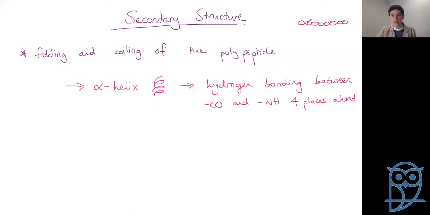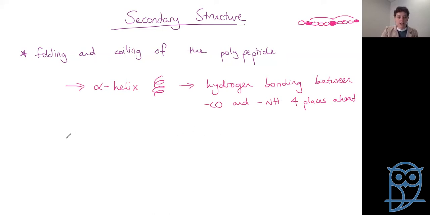And what we're saying is this amino acid here is going to form a hydrogen bond with 1, 2, 3, 4, this one here. And then we're going to get 1, 2, 3, 4. So obviously if we're going to form a bond, then these amino acids are going to have to come closer together. And that's what then leads us to form this coil, this alpha helix.